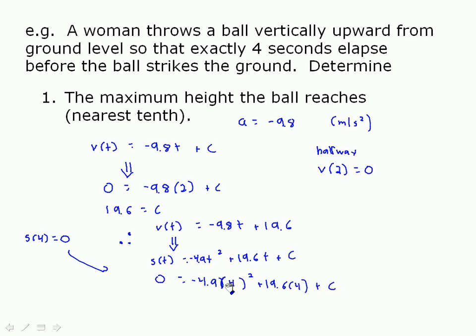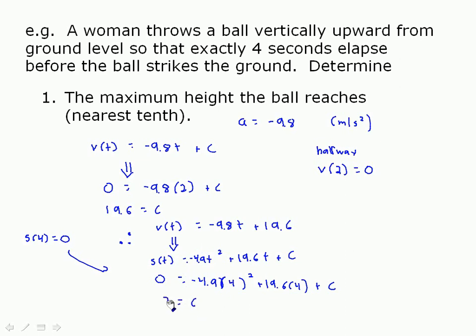And then we work all this out, and we get the shock of our life. Negative 4.9 times 4 squared plus 19.6 times 4 is equal to 0. So c is equal to 0.